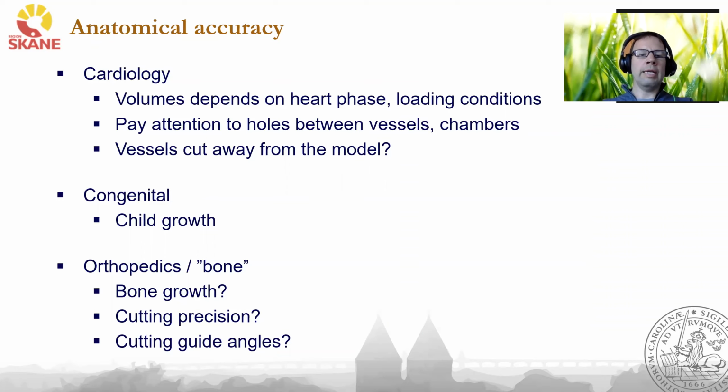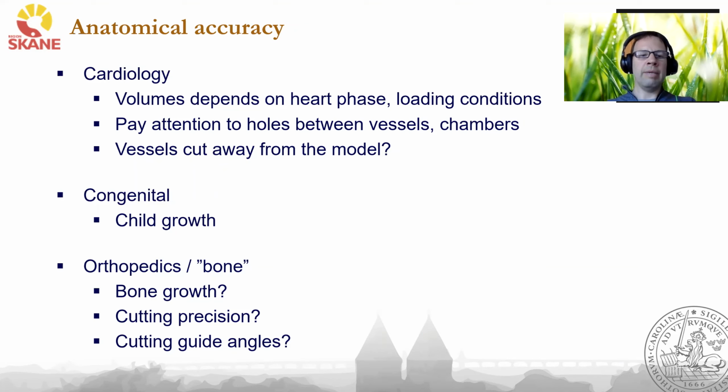What is more important here is to pay attention to things that really matter. So, are there holes between two different vessels? Are there holes between the chambers or the atria? And do you get those accurately represented in the printed models? And to make sure that you don't get a hole where there is no hole, etc. That's really important.